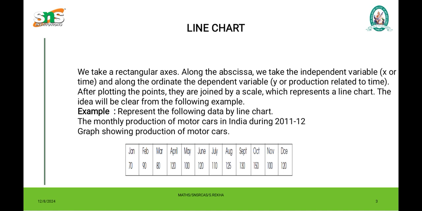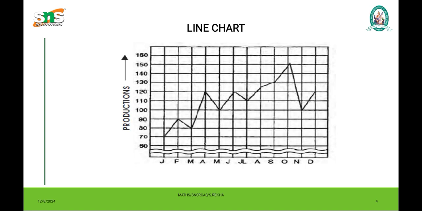For example, in January it is 70, then 90, 120, 110, 125, 135, like that. So you have to analyze the values, which range from around a hundred to a hundred and more. The line chart is drawn with the months on the x-axis: Jan, Feb, March, like that.